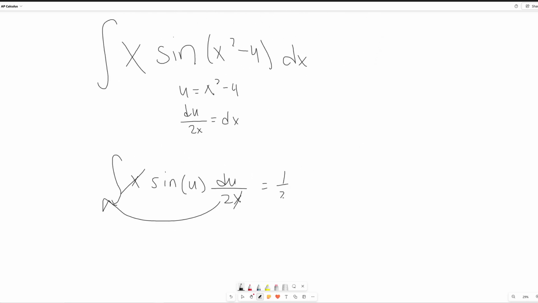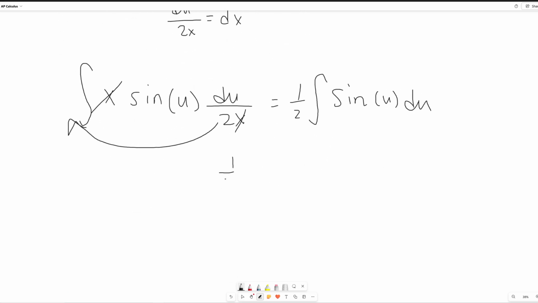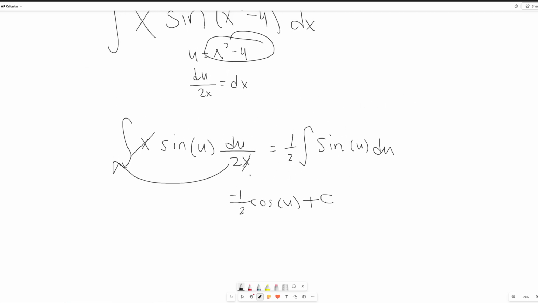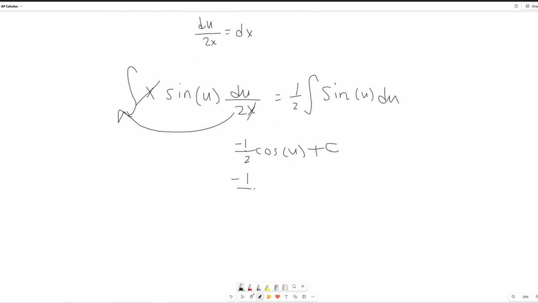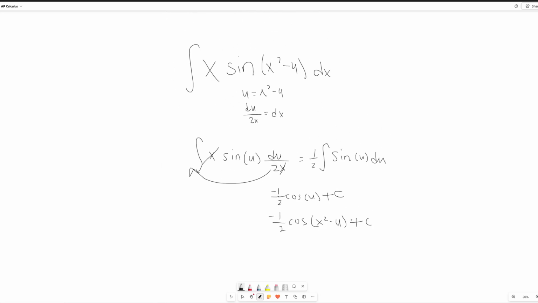So we have 1/2 integral sine u du. All right. Now negative 1/2 cosine u, because we have the negative cosine, plus c. And then final step, take our u and plug it back in. Then we have negative 1/2 cosine x squared minus 4 plus c. This becomes natural after a while. You'll be able to do problems that quickly.